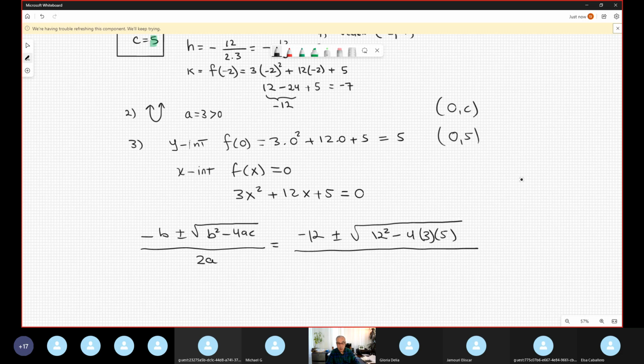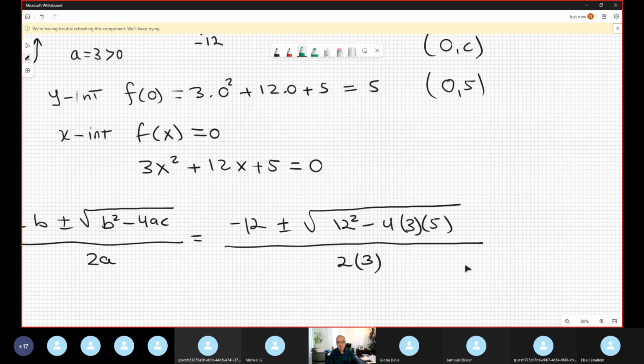Divide the whole thing by 2 times 3. As always, guys, we focus on the expression inside the radical. That is the first thing you should do. On your calculator, you compute 12 squared, 144, minus 4 times 3 is 12, times 5 is 60. And subtracting is 84.